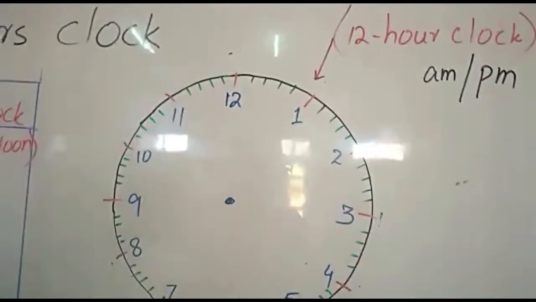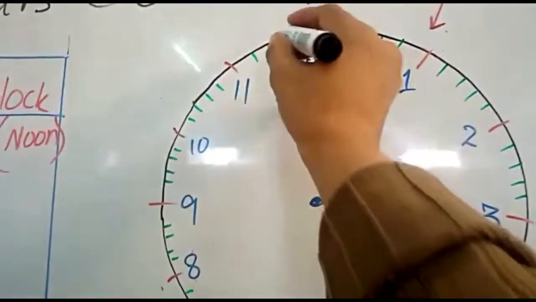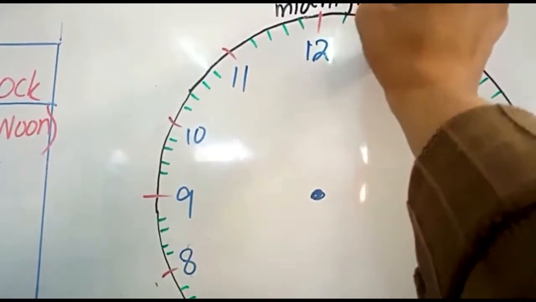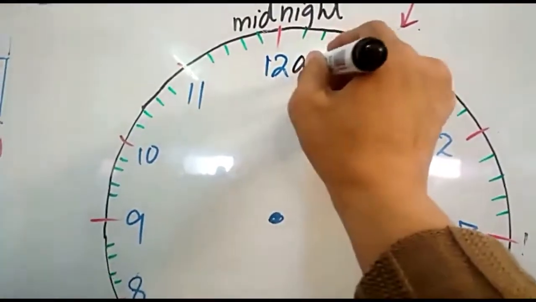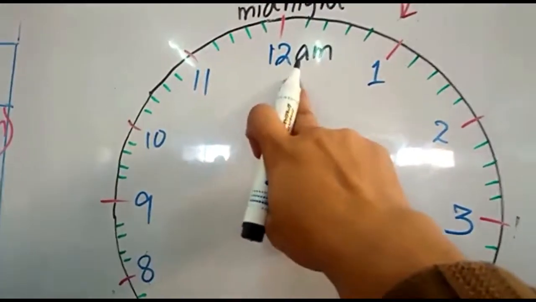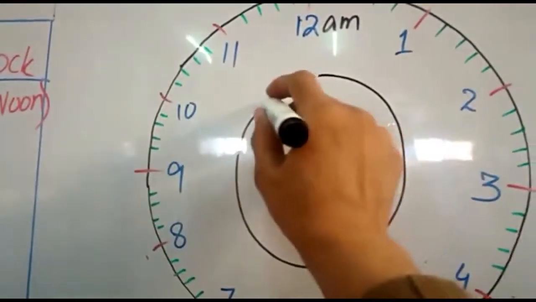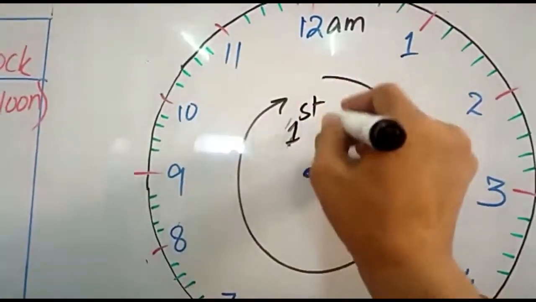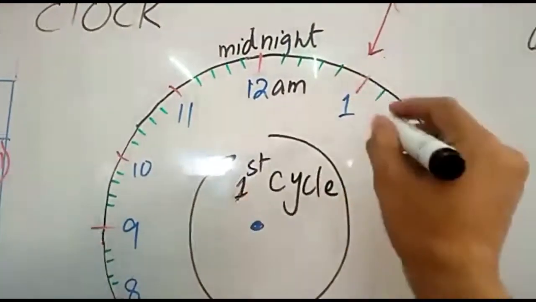Whenever the time starts at midnight, we say the day starts at 12 a.m., which is at midnight. At 12 a.m. at midnight, cycle number 1, the first cycle, starts.